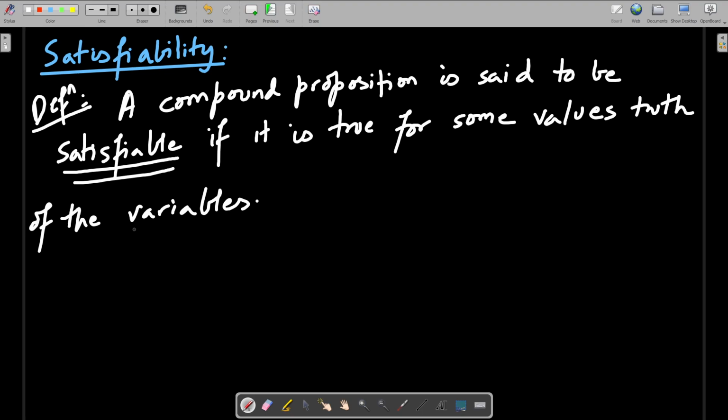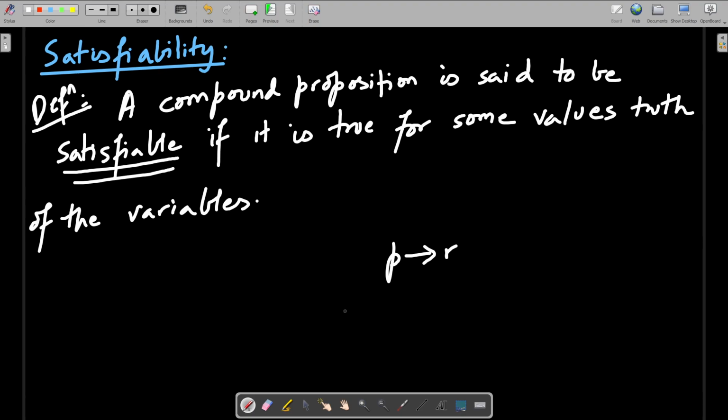So if p is true or false or whatever, for some value that compound statement should be true. For example, p implies r. When is this one true? This one is true in almost all cases except for true implies false. So this is a satisfiable statement because it is true for some case.